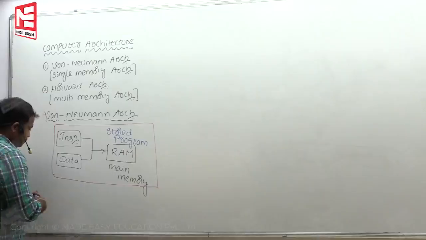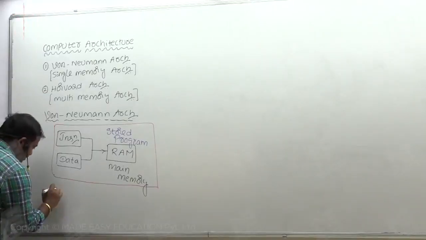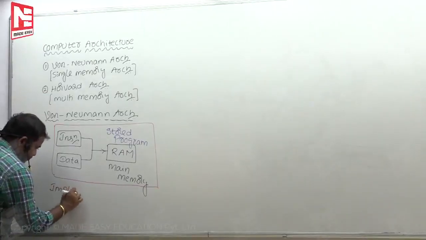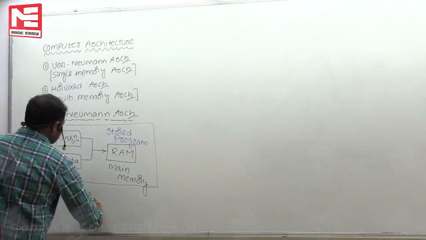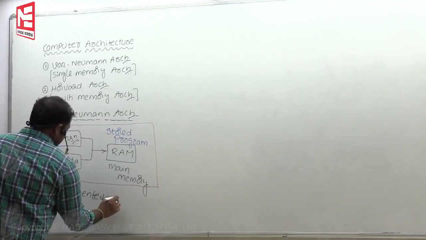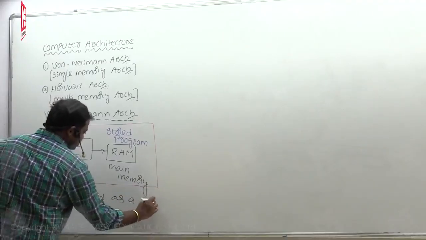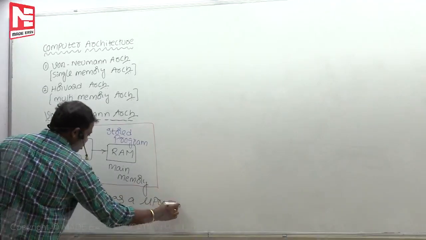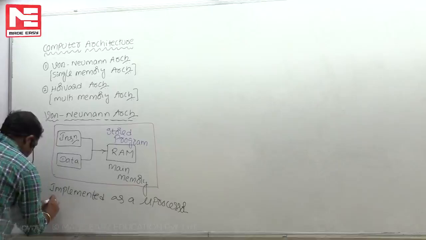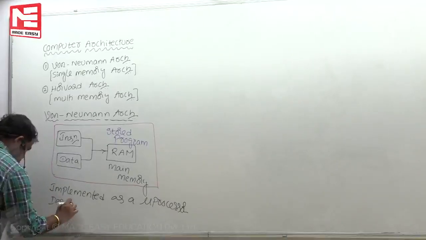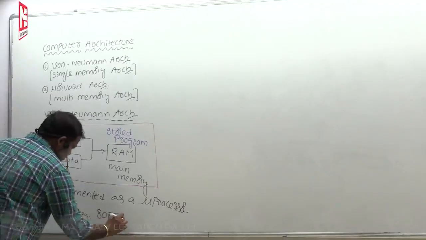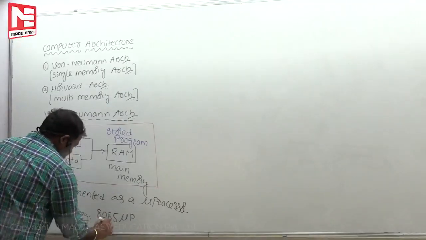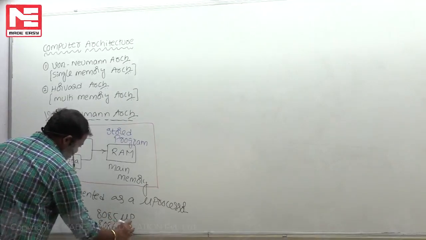Now this von Neumann architecture is implemented as a microprocessor design. Example: 8085 microprocessor and 8086 microprocessor.